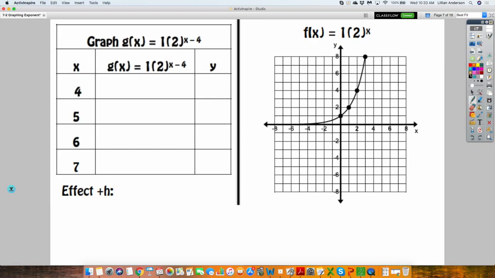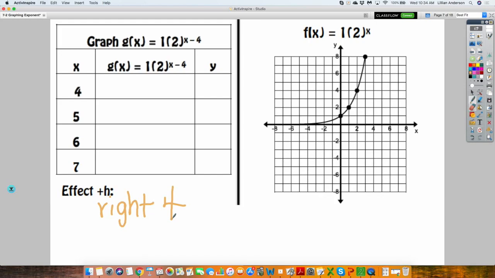Left or right? Is it down 4 or is it right 4? It's right. And you'll know the difference between left and right versus up or down because that -4 is in the exponent with the variable. Okay?